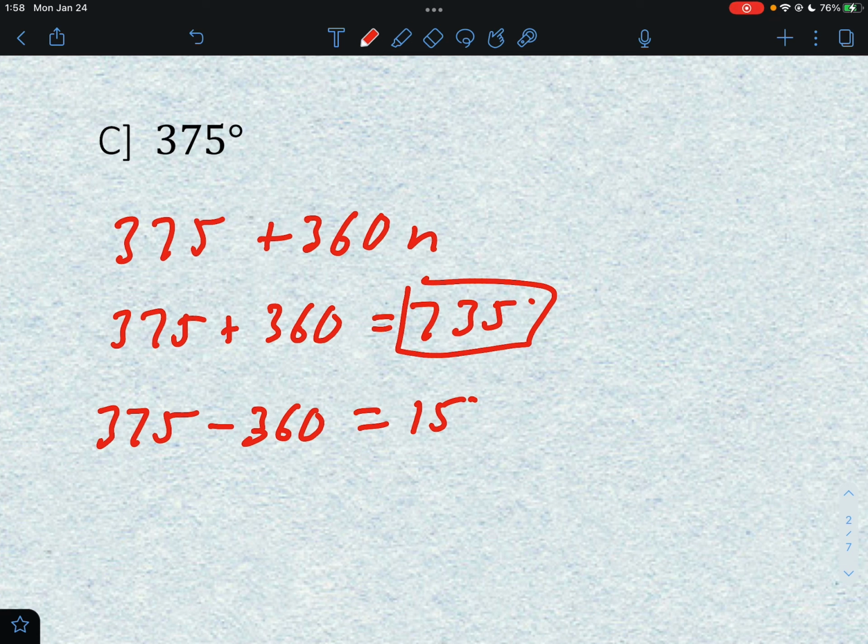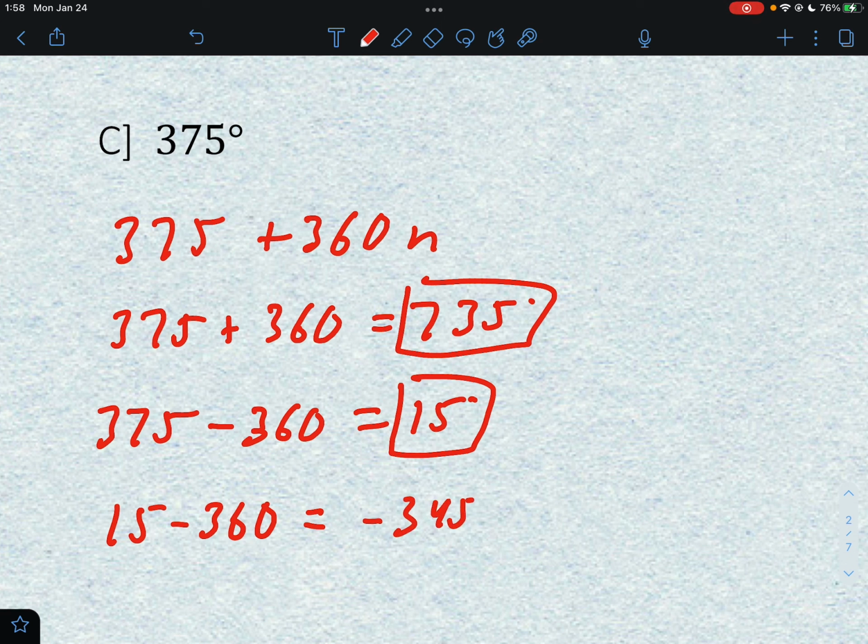That does not satisfy the request that we were asked in this problem. It says 1 positive and 1 negative. Right now, we have 2 positives. So what we've got to do is subtract another 360, subtract another revolution. And that would give us our answer.